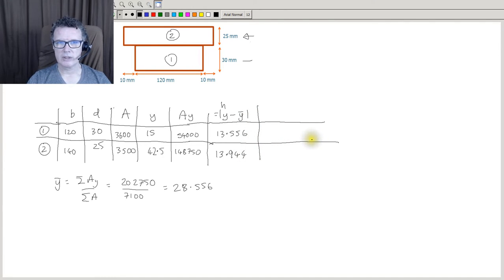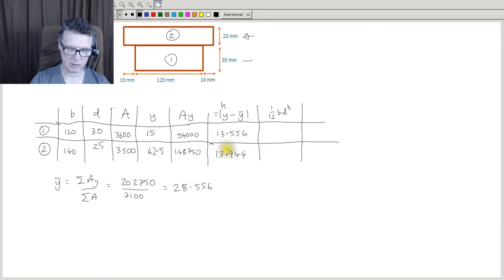All right. So next what we're going to do? Next, we're going to work out, I think, the 12ths BD to the power 3's. So we look at our first two columns. So you've got 120 times 30 to the power 3. Divide that by 12.